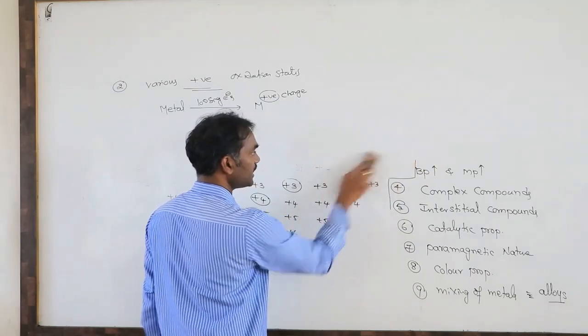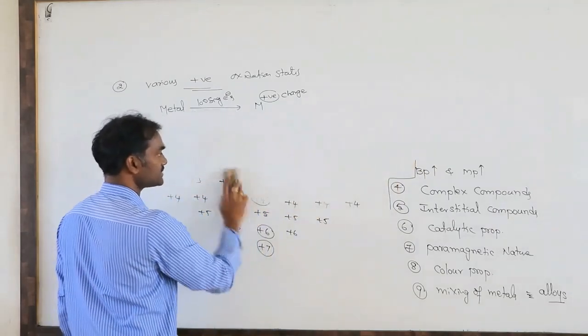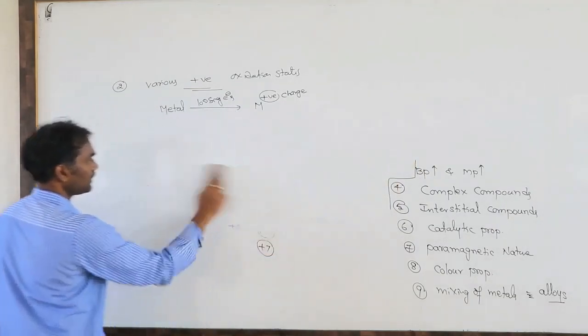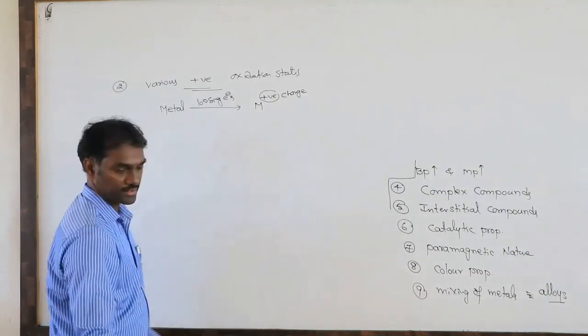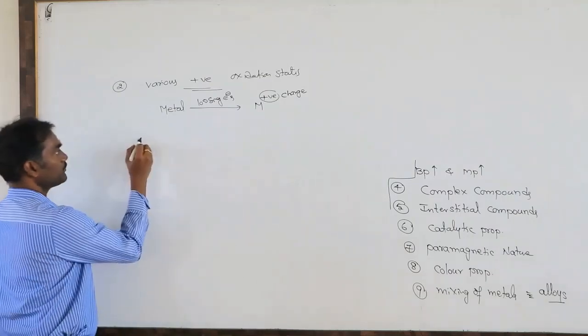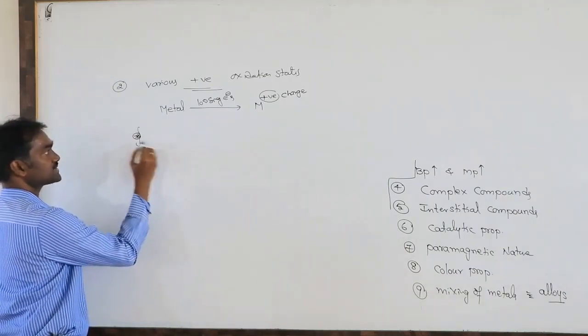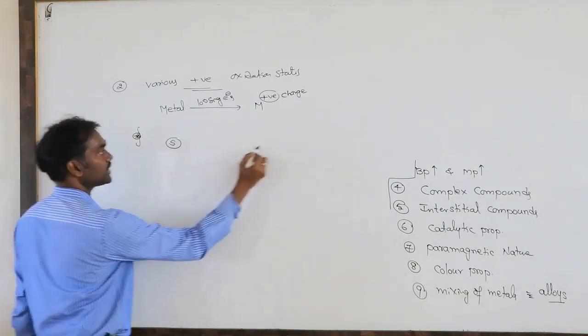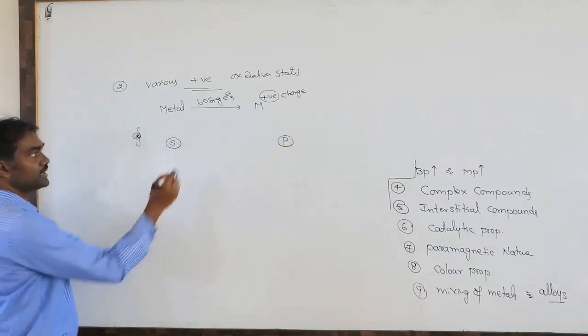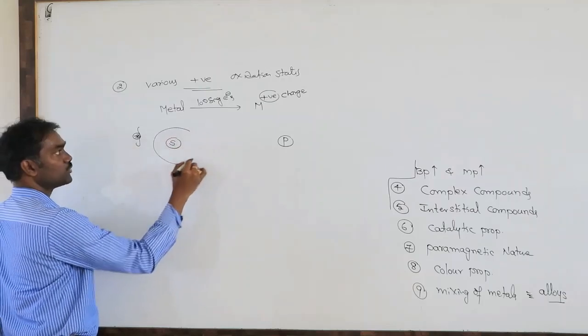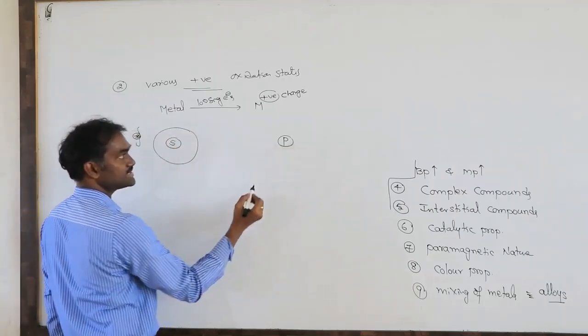Next, if you see the detailed properties: one important point, we already discussed S block elements, now take P block elements. Which size is more? S block size is more, so P block size is small.